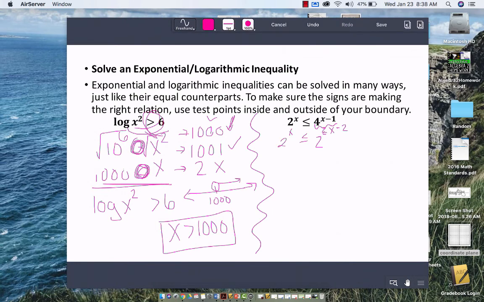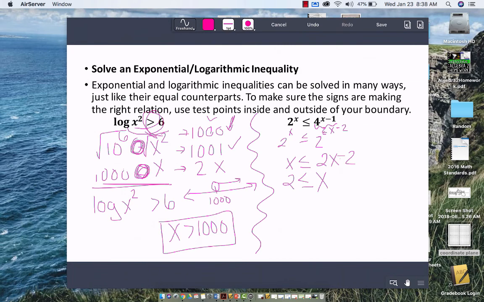Now that we have both base 2, we can write the equation x is less than or equal to 2x minus 2. If I were to solve this, I would bring my 2 to the other side and subtract an x, and I'm getting that x is greater than or equal to 2.